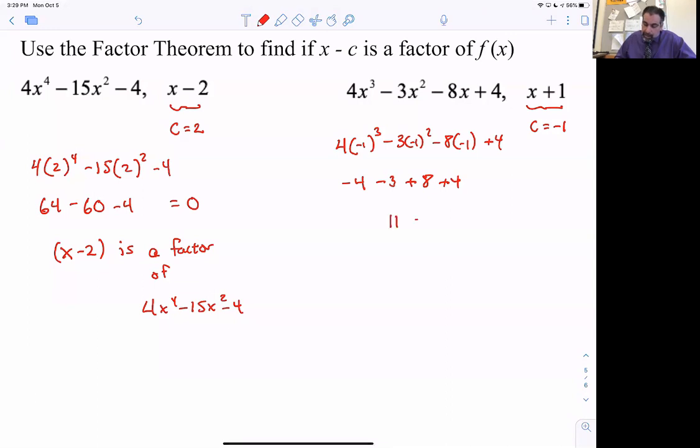Let me rework that. I think I said something different than what I just wrote. So we're going to end up with -7 plus 12, and that means we're going to end up with 5 as our result. So 5 does not equal 0, so we have a remainder of 5.